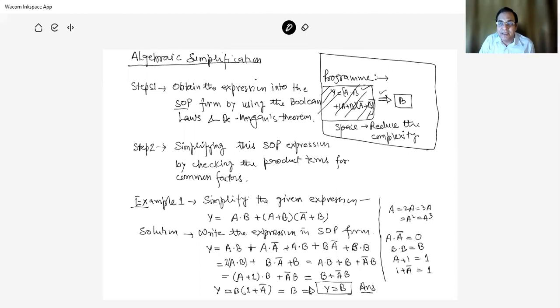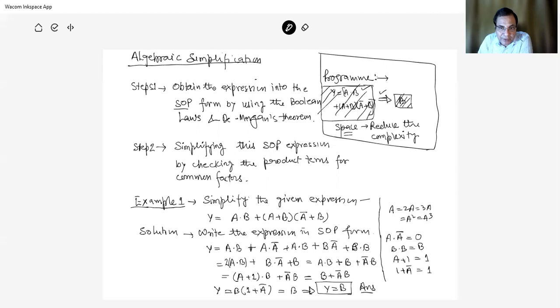By simplification, we have to reduce the whole program to a smaller part. That is, reduce the space complexity, so the data covered by the program is minimized in the given memory device. So let us take example 1.